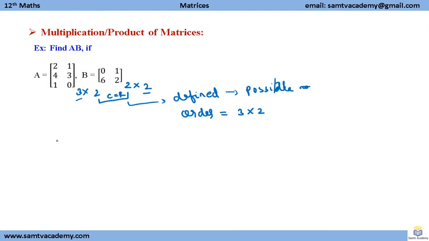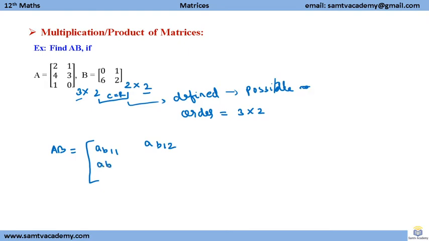So we can write the matrix here. First we write what the elements of this matrix will be. AB first row, first column; AB first row, second column.